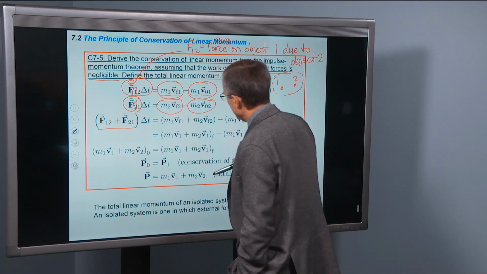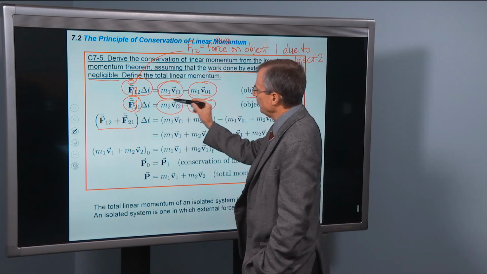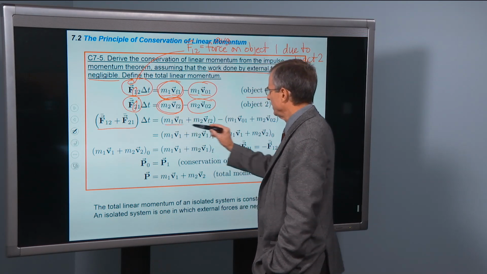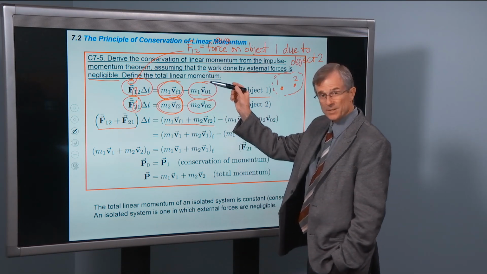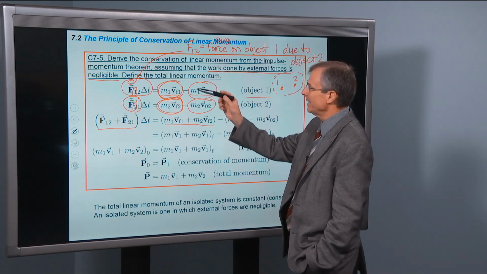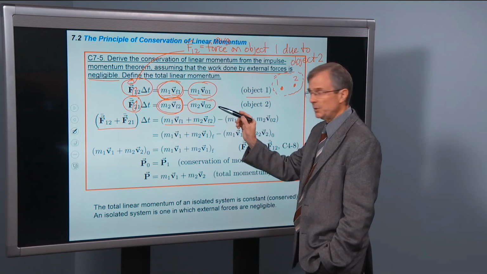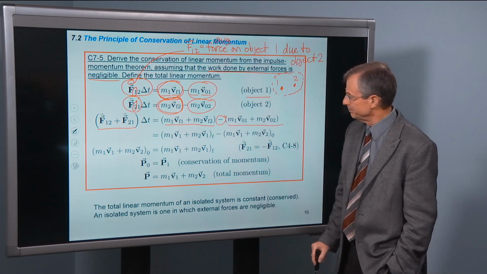Then on the right side, we're going to add these two terms up first. M1 VF1 plus M2 VF2. That's that. And then we're going to add these other two terms. Add a minus M1 VO1 plus a minus M2 VO2. Well, that gives us a minus M1 VO1 plus M2 VO2.